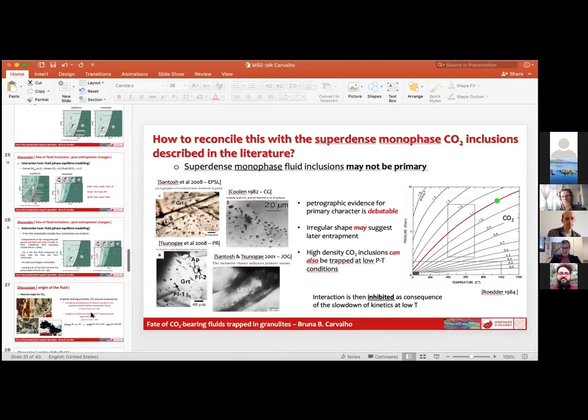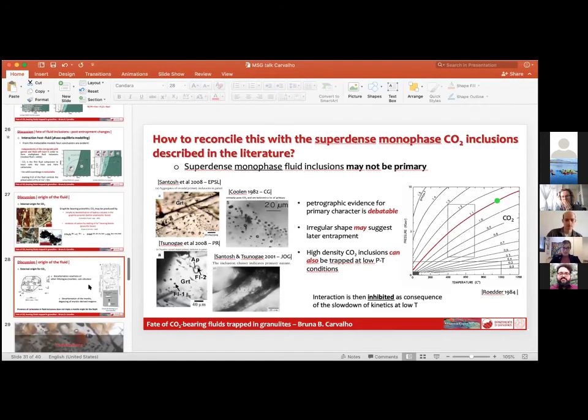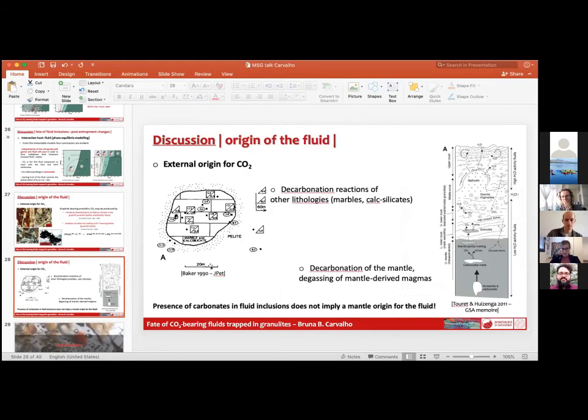Yeah, well, in these case studies, I don't have evidence for external fluids. There is work that has investigated the carbon isotopes in the pelites and in the marbles in the Ivrea sequence, and it hasn't seen any derivation from the other lithologies, so it's probably, again, an internal origin.